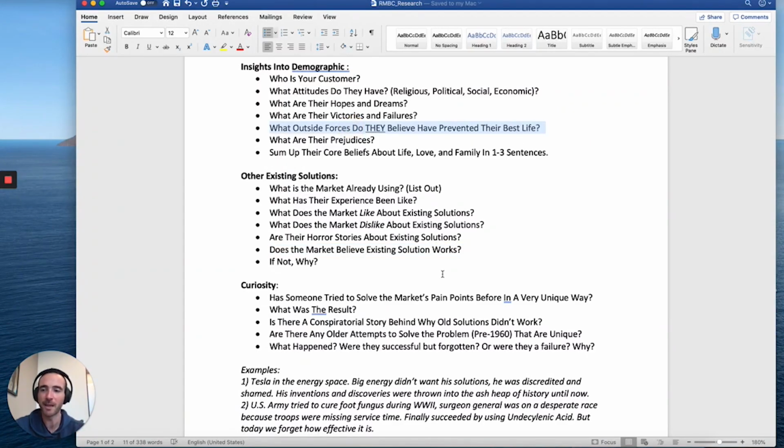Like, well, I don't make enough money. I don't have a job because I don't have a college degree. I'm a bad saver. I'm bad with money. I have bad credit, right? All of these things may influence them and make them think that existing solutions don't work. And if they don't believe that existing solutions work, then we want to answer that question: why don't they believe it?